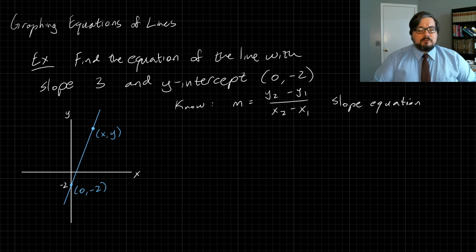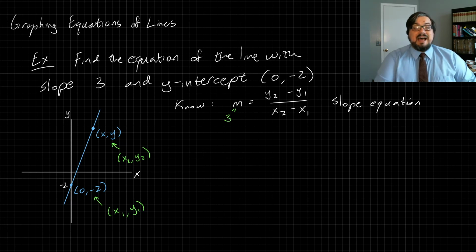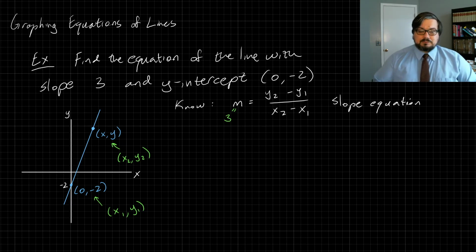Now, for our specific example, I want to let (x, y) be (x2, y2), and I want (0, -2) to be (x1, y1). And we know that the slope is 3 because that was given to us in the problem.